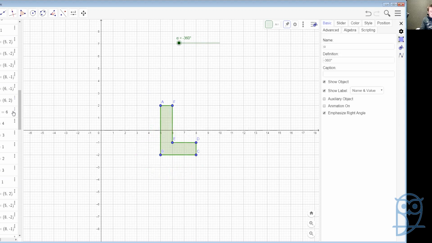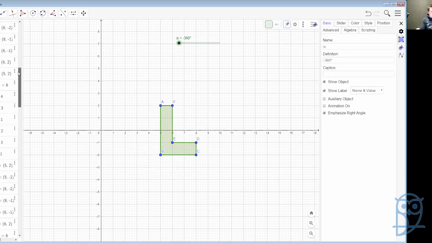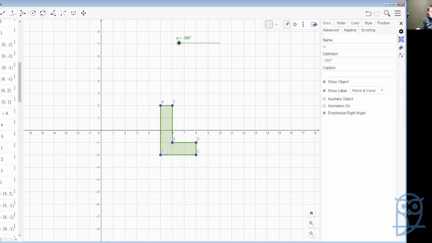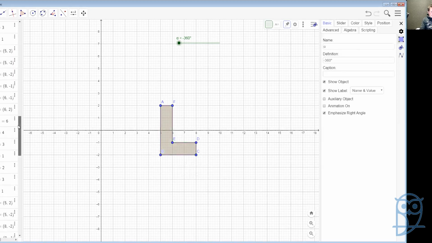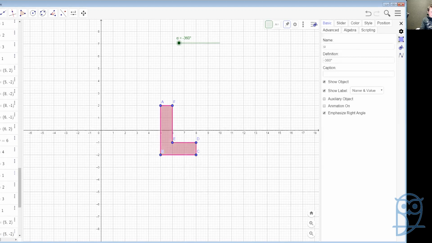All right, so let us now engage all of the shapes. So I'm going to have my stock standard L that doesn't move to show you as a reference. I've engaged C, I've engaged E, I've engaged A, I've engaged B, I've engaged D, and F. All right.